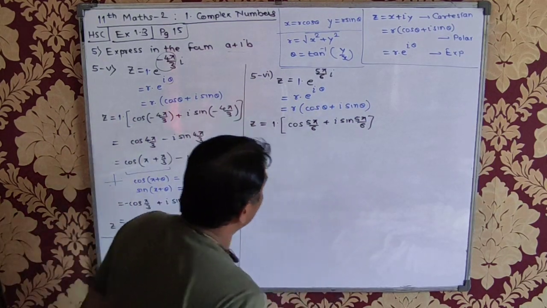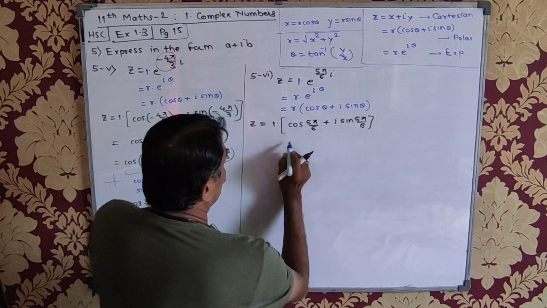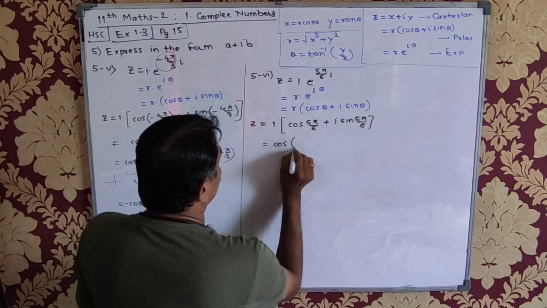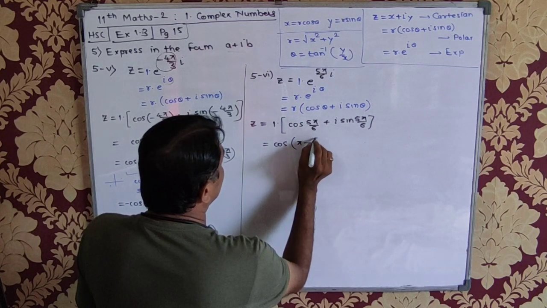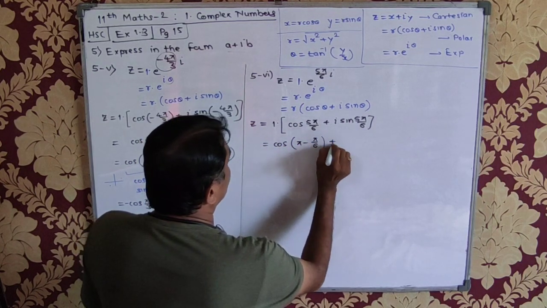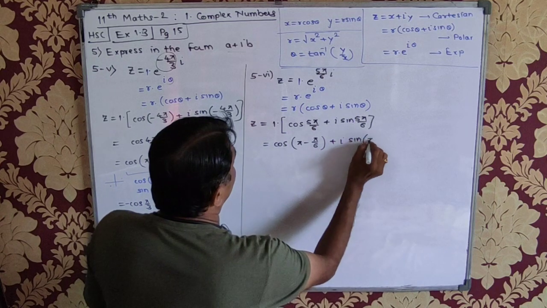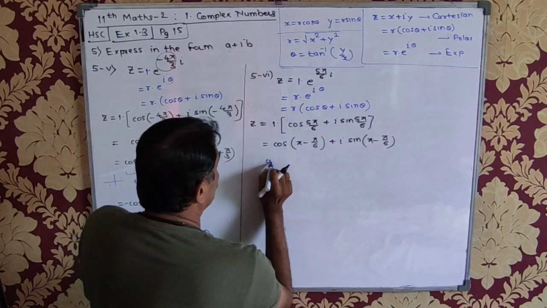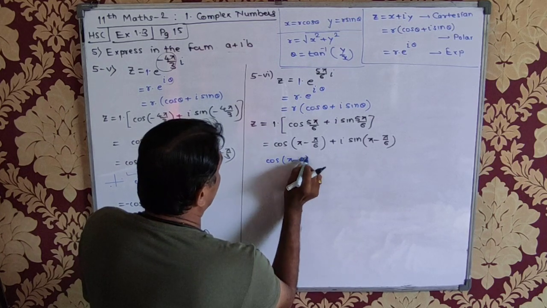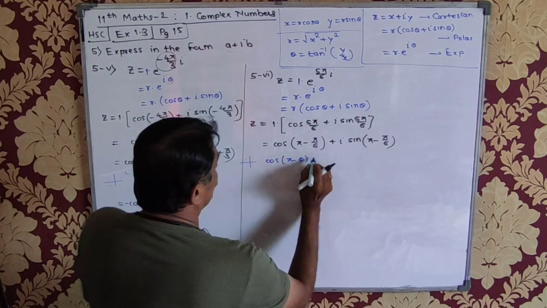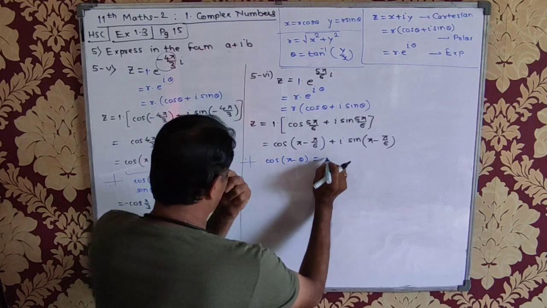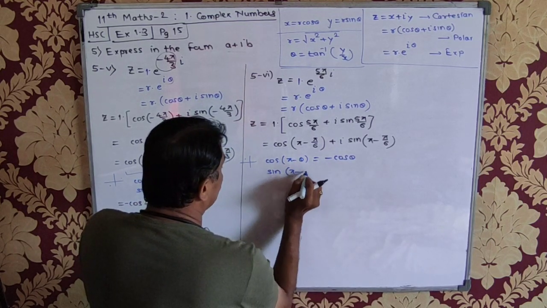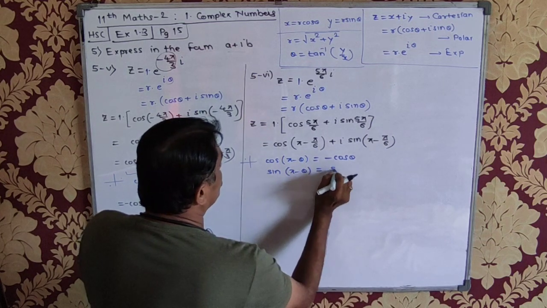So that is nothing but, how do I write this? Cos of pi minus pi by 6 plus i times sin of pi minus pi by 6. So once again, this is cos of pi minus theta, second quadrant, sin positive, cos negative, so minus cos theta, and sin of pi minus theta will be plus sin theta.